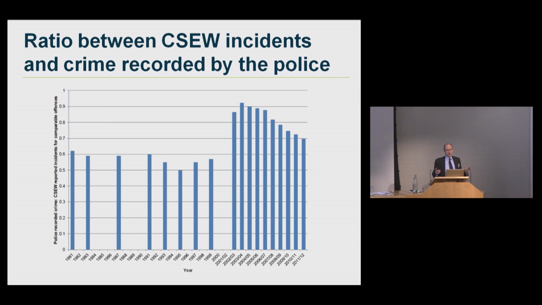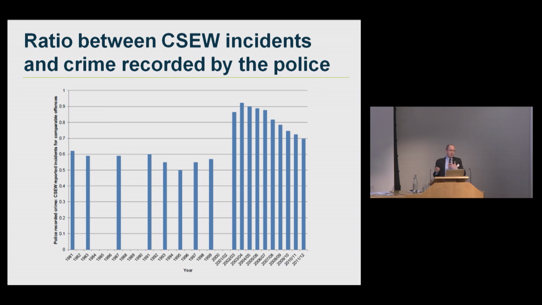It seemed to us, along with quite a lot of other stuff actually, that this was evidence that suggested that there really was a problem with the way in which crime data was being recorded by the police. We don't know what those problems are, and we're not suggesting that at this stage we have any evidence of malpractice, but certainly a variation in practice over time that suggests that there is something to be done.